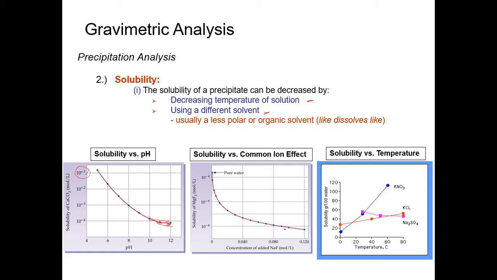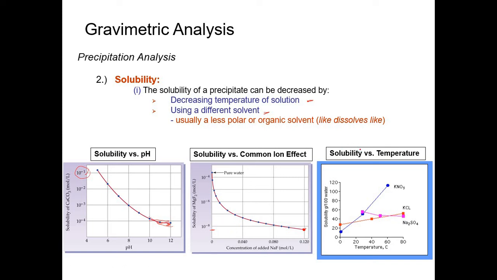So its solubility becomes smaller as the common ion increases. Okay, so at this point at 0.12 molar of sodium fluoride or 0.12 molar of fluoride ion, the common ion, its solubility decreased. It went down to 10 raised to the minus 8.